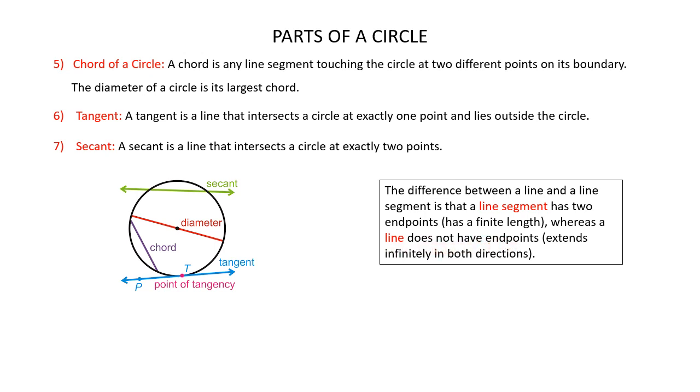It extends infinitely in both directions. Here you can see a secant is a line because it does not have endpoints. It can extend infinitely in both the directions. Know this difference between a line segment and a line. Diameter and chord are line segments. Secant and tangent are lines.